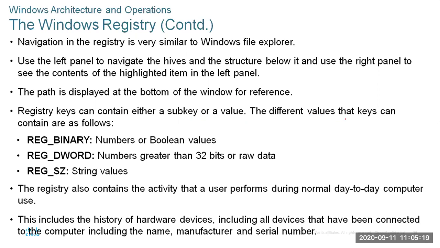These are the values the keys can contain: registry binary, numbers or Boolean values; registry DWORD, numbers up to 32 bits; and then registry strings, that's SZ.